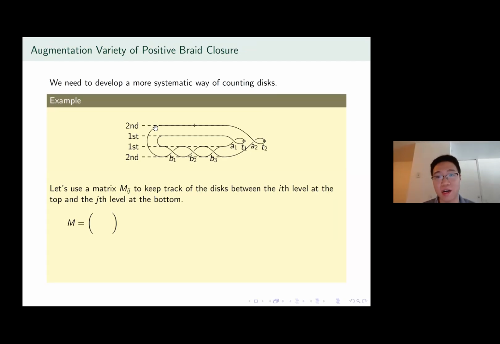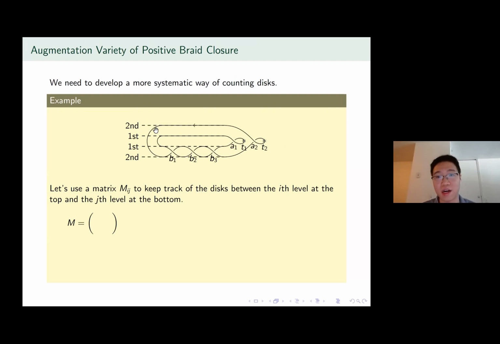For braid closures, fortunately, there's a more systematic way of doing this. First you label the levels of the braid. At the bottom, it goes from 1 to n, and at the top, from n to 1. Depending on how many levels you have, you just label the levels 1 to n.